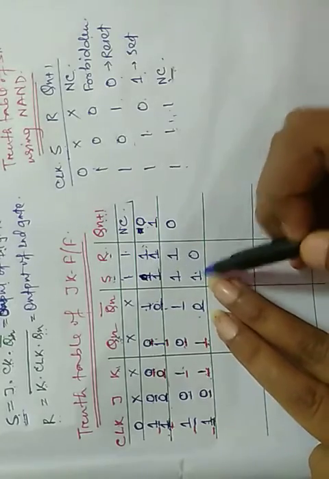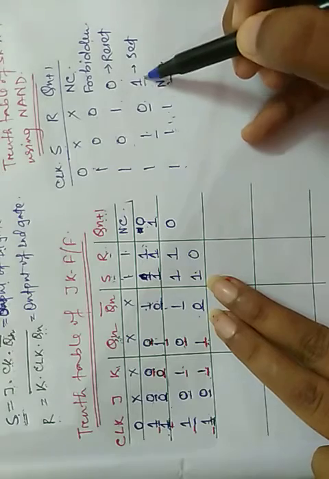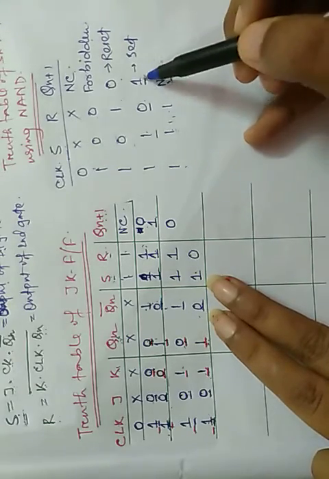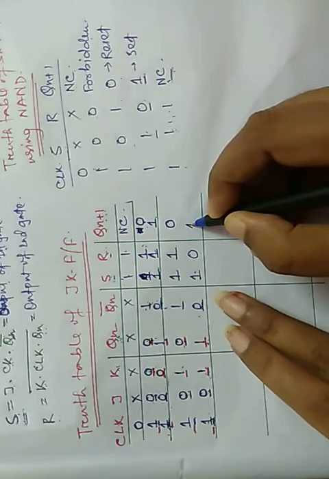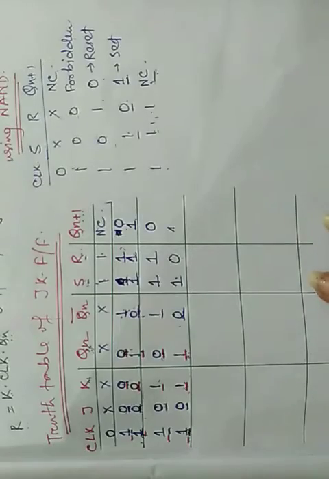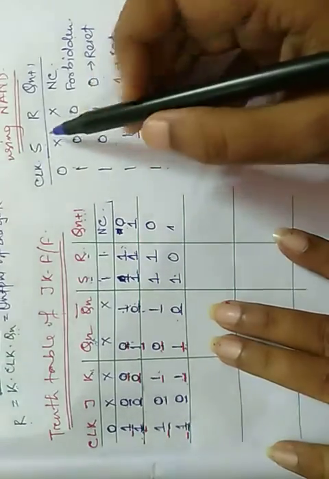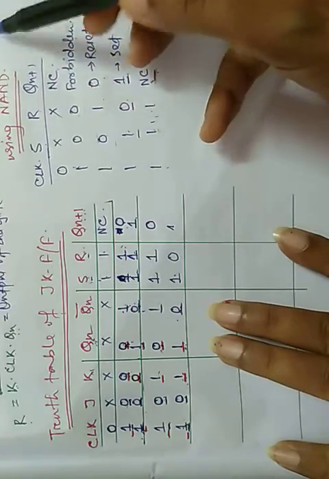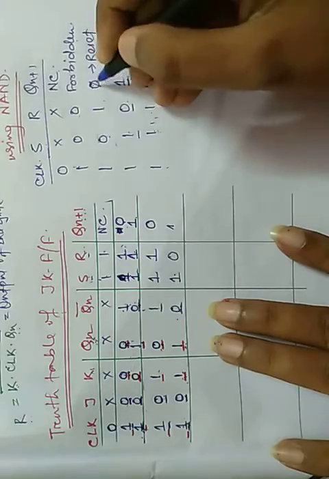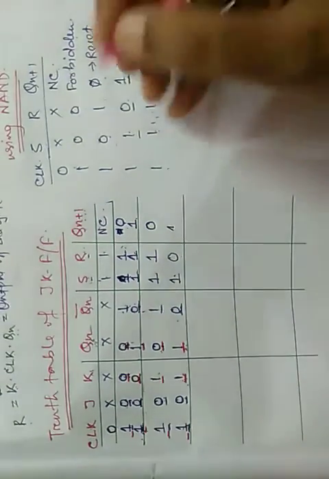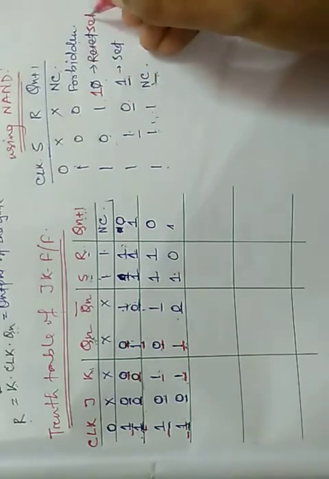So here S is 1, R is 0. For S 1 and R 0, the condition is set. Sorry, I have written one thing wrong here, as it is an SR latch, not a flip-flop. When S is 0, R is 1, it is in set condition. I have written it wrongly here.